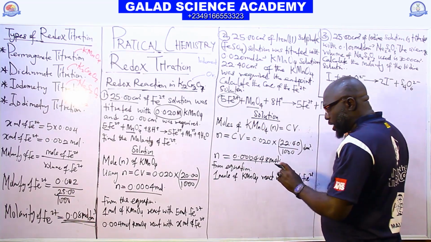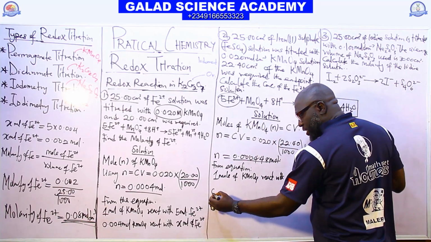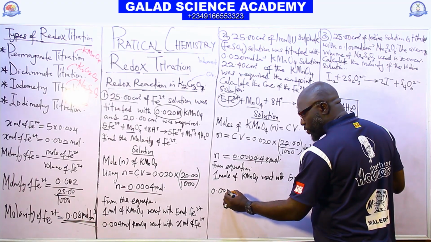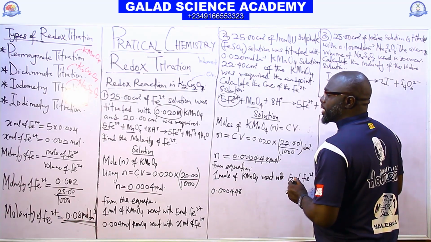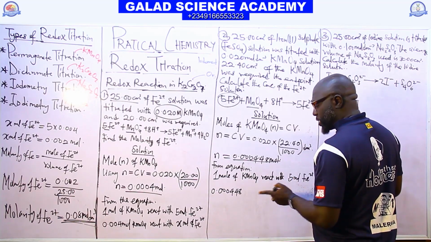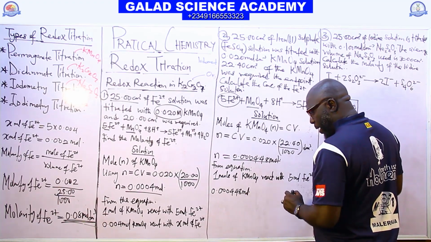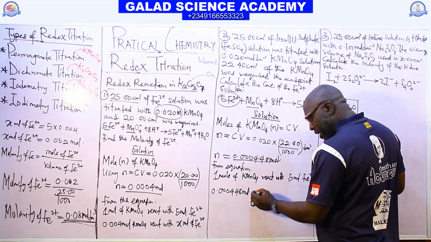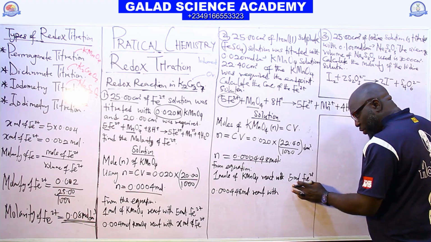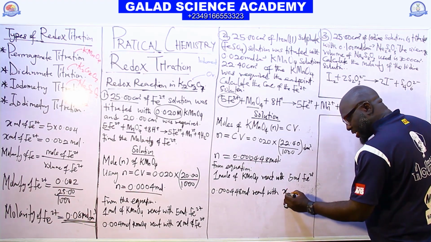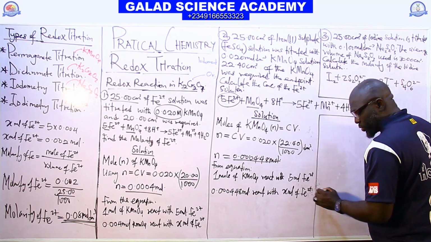The next thing is, we have this as the number of moles of KMnO4. Can I say 0.000448 mole reacts with 5 moles, with X mole of iron 2 ions?